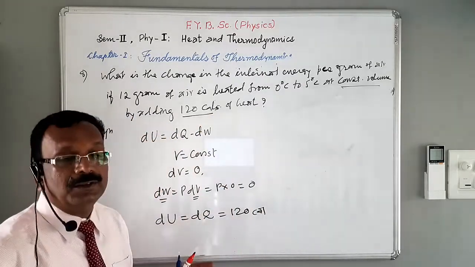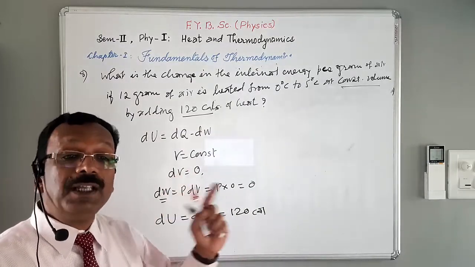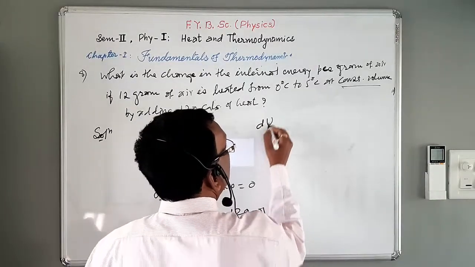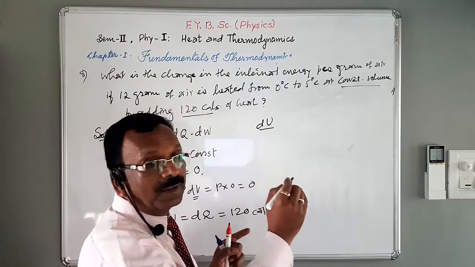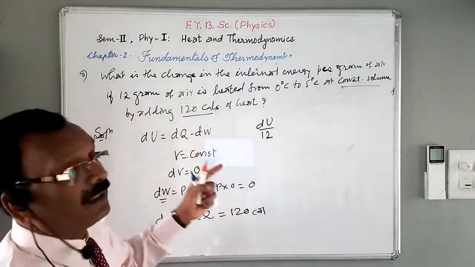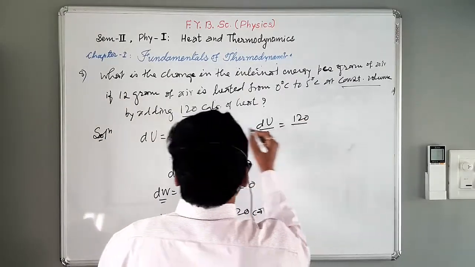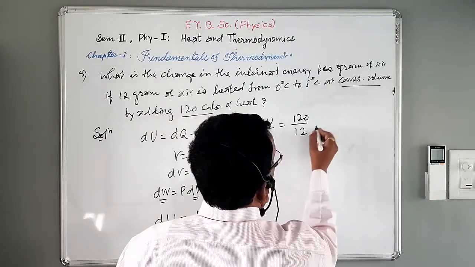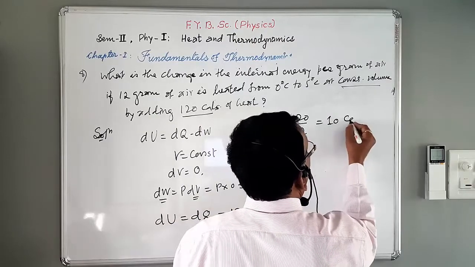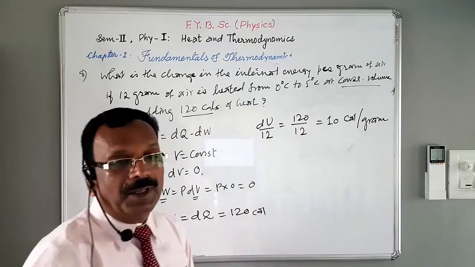Therefore, the change in internal energy per gram of air, that is dU per gram, 12 grams are there, is equal to 120 upon 12 is equal to 10 calories per gram. This is the answer of this problem.